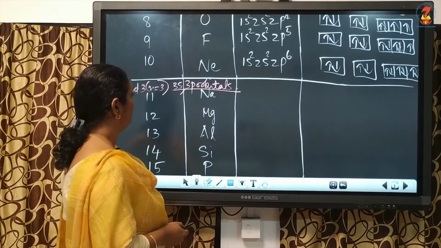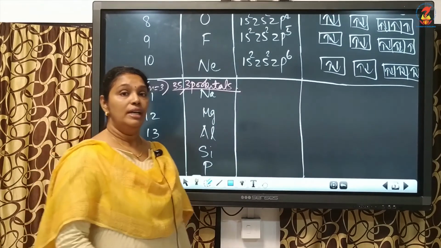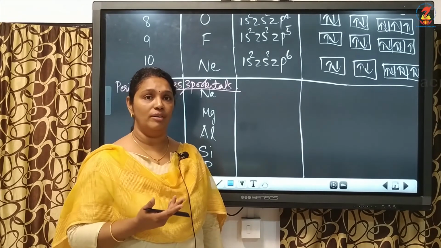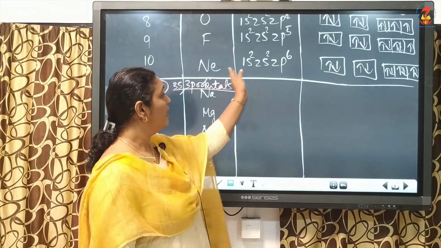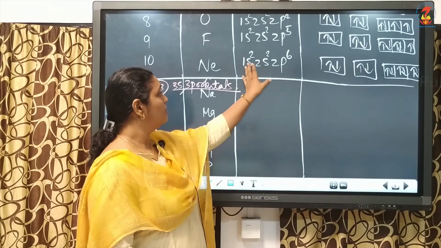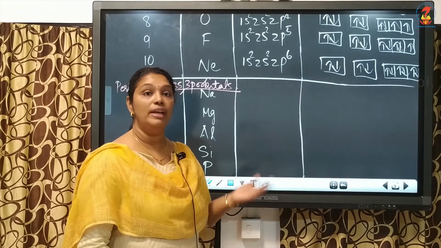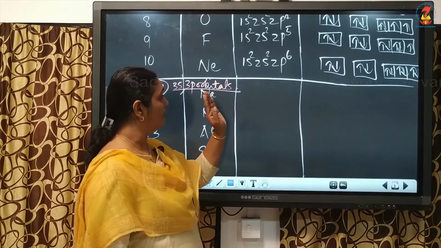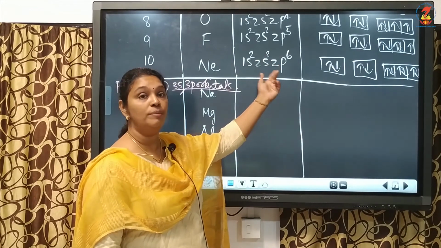Now let's see the 3s, 3p orbitals, starting with sodium, atomic number 11. It is not possible to always write from the 1s orbital. Neon is a noble gas, so 1s2, 2s2, 2p6 is completed, with 10 electrons present. Now we have to add one more electron to sodium.